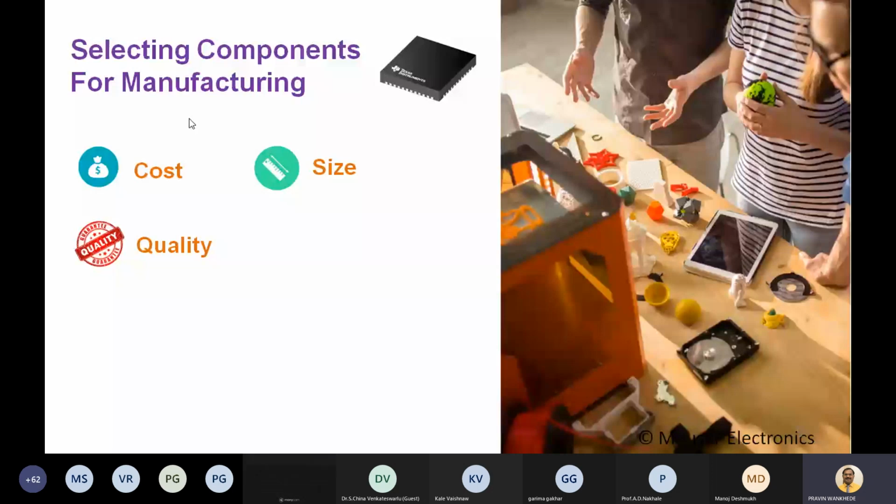Just like in our last project, we decided to get the components from Texas Instruments for our IoT product. At that time, we knew that the components from TI are branded. So just blindly we took all the specifications, and whatever the cost of that component was, we bought them.